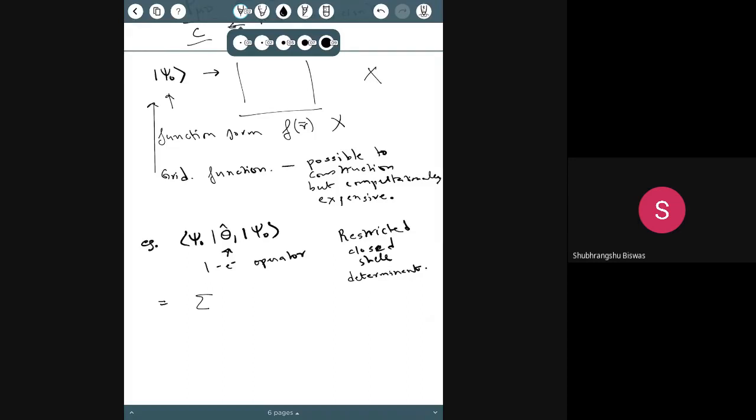But when I say that it is a restricted closed shell determinant, then after I open it in terms of spin orbitals and I evaluate the matrix element with Slater's rules, the expression that I get can be reduced to a sum over spatial integrals. That can be done. And these are the spatial orbitals that I have obtained after optimization.